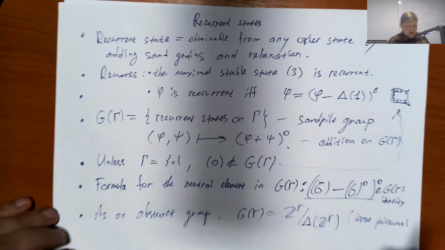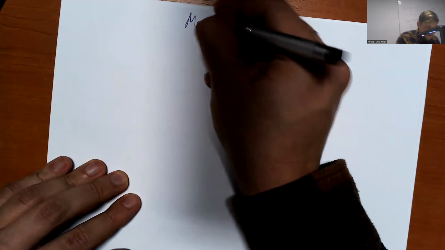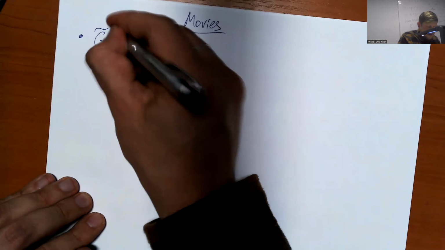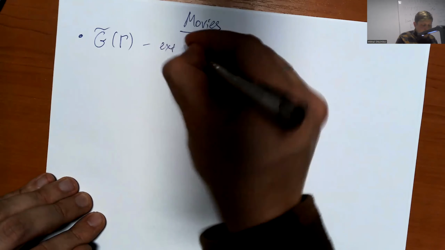So yeah, that's all I wanted to tell about recurrent states and Sandpile group. Now I pass to a further thing, namely the movies. Now I tell you what the Sandpile movies are. So first I define this thing, which will be the extended Sandpile group.